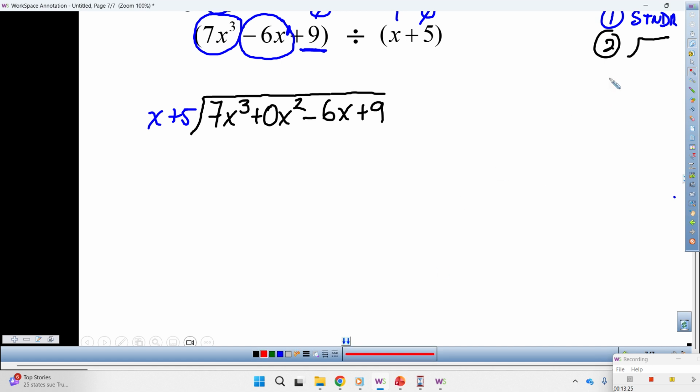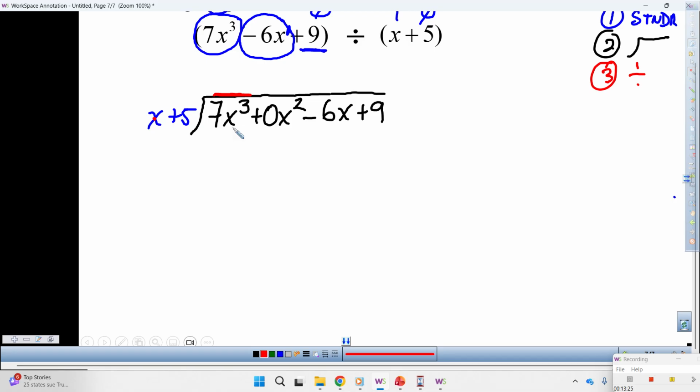So our last step, step 3, all we do is divide. So here we go. What number times x gives me 7x cubed? Tell your neighbor, please. Then German's going to enlighten us to get us started.